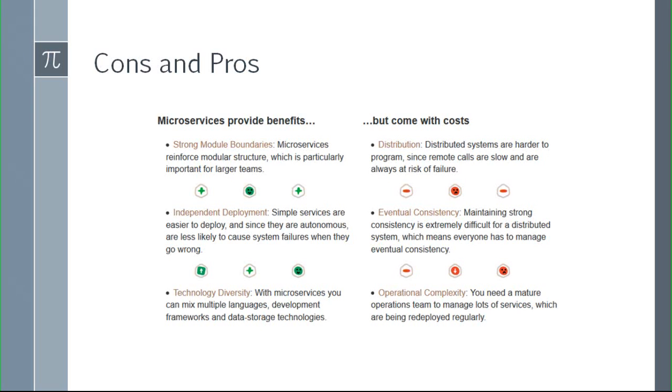Another pro of the microservice architecture is technology diversity. I talked about it in a previous slide. You can have a polyglot programming approach. You can design each microservice with a specific language. For example, one of the microservices can be designed with Java, another one with .NET, another one with Golang. And also, in the database layer, or it would be better to say the database for each microservice can be selected independently.